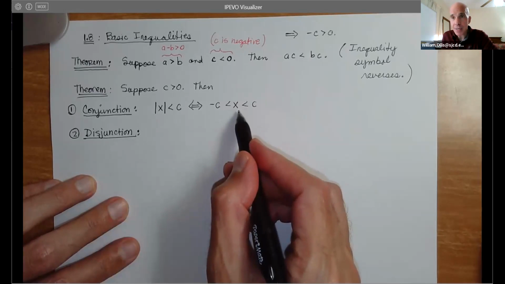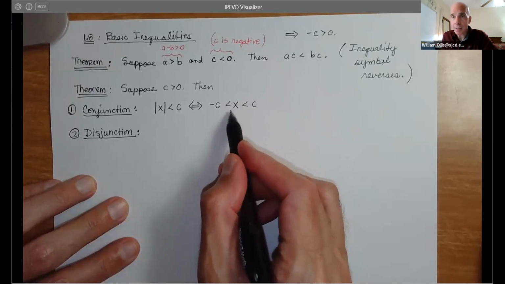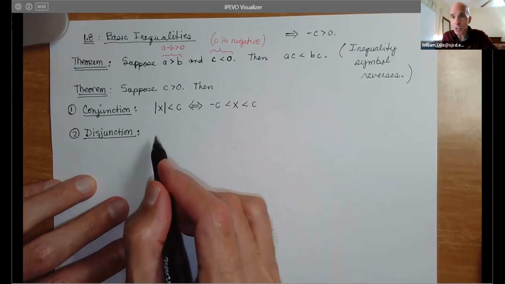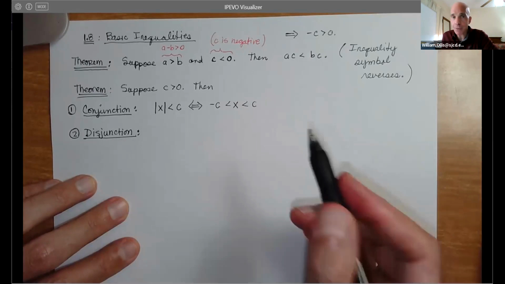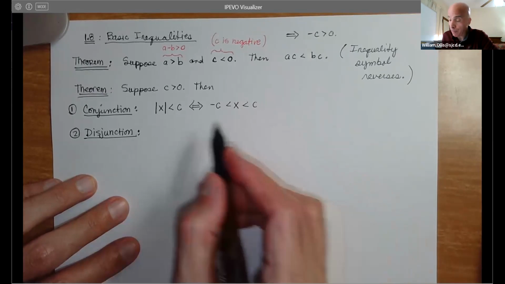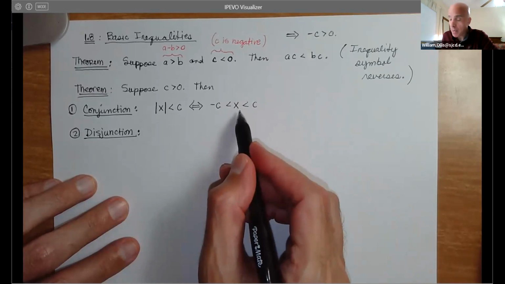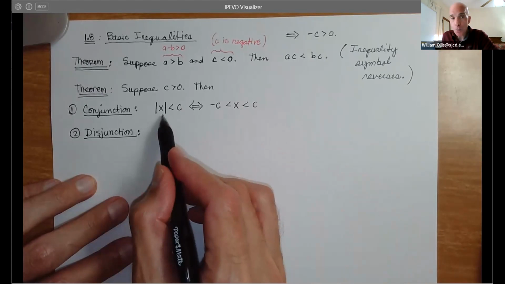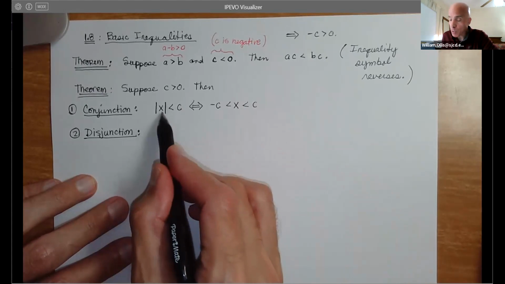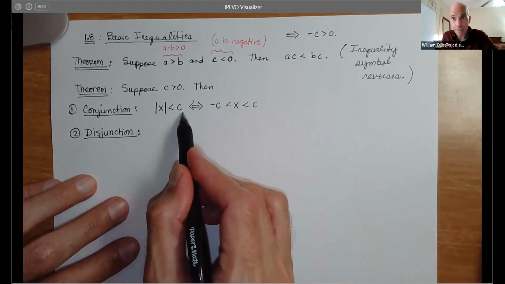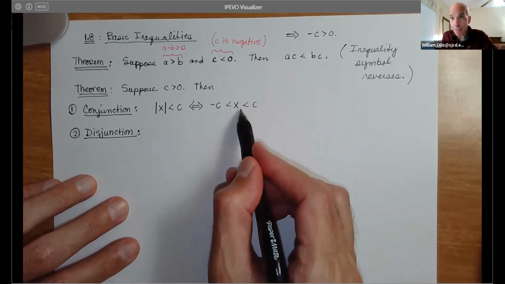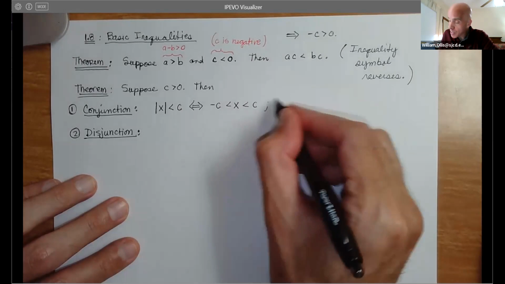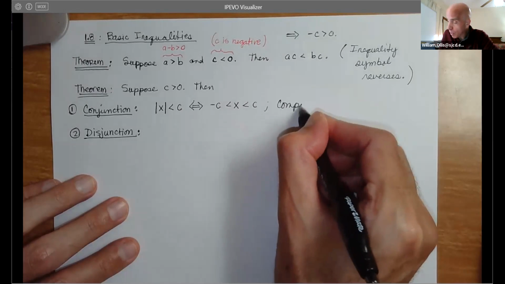And you may get this. The thing is that not all inequalities have solutions. So if there's no solution, you just have to live with it. But if there is one, this moves to this. So we actually interpret the absolute value of a real expression less than some positive number as the compound inequality. So this is the compound inequality.